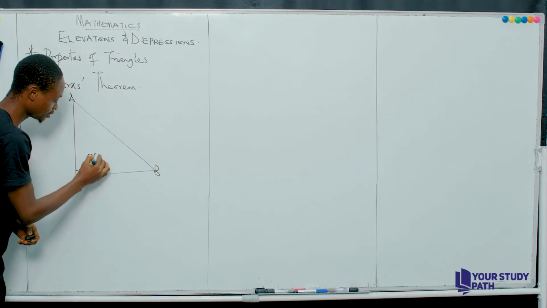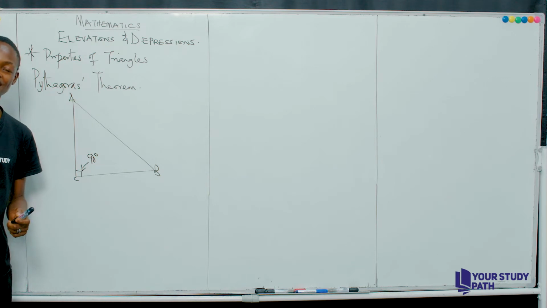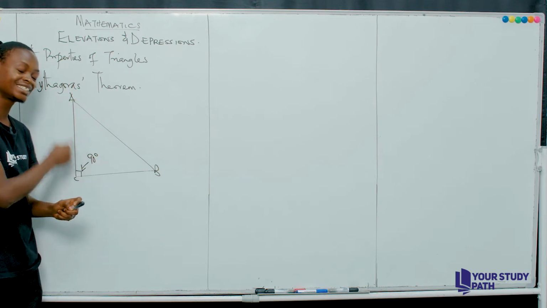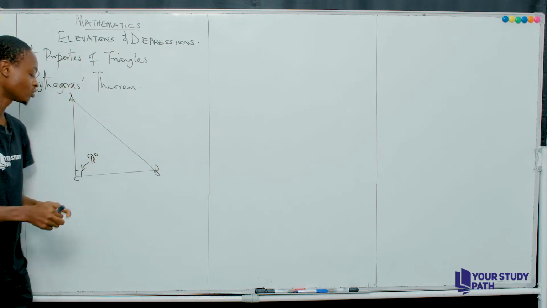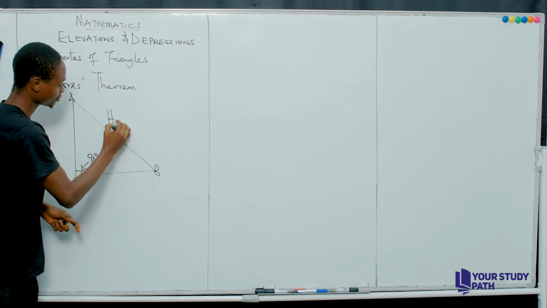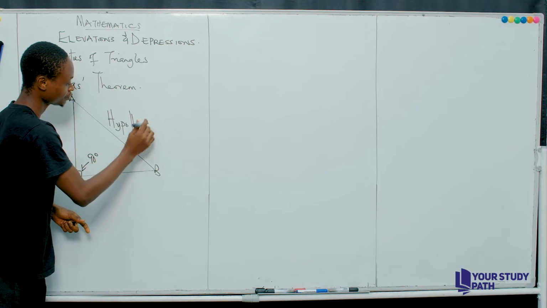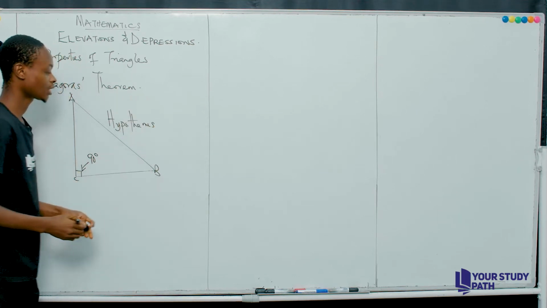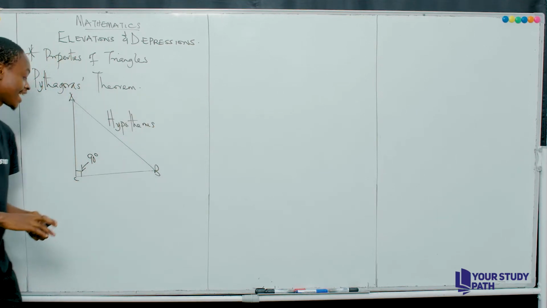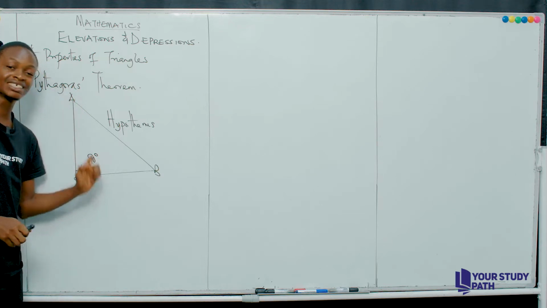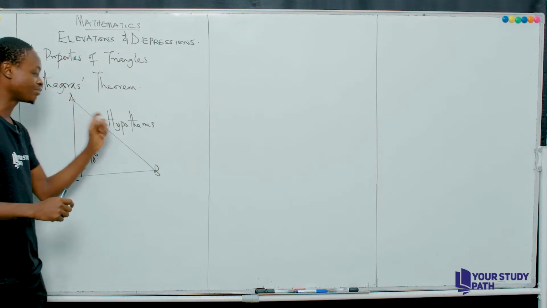This is 90 degrees. Now, the side directly facing the 90 degrees is called the hypotenuse. The side directly facing the 90-degree angle is called the hypotenuse.